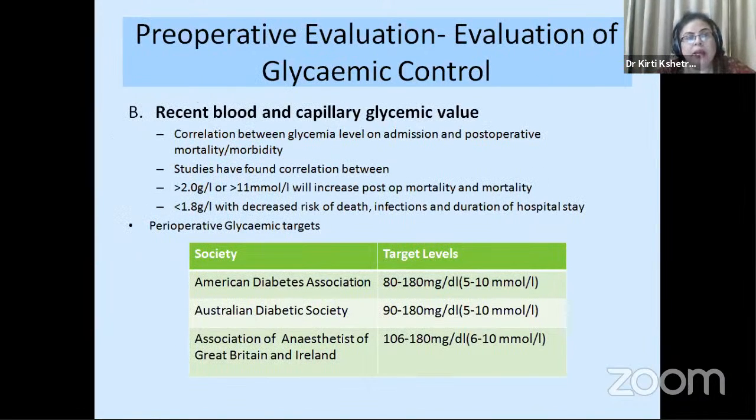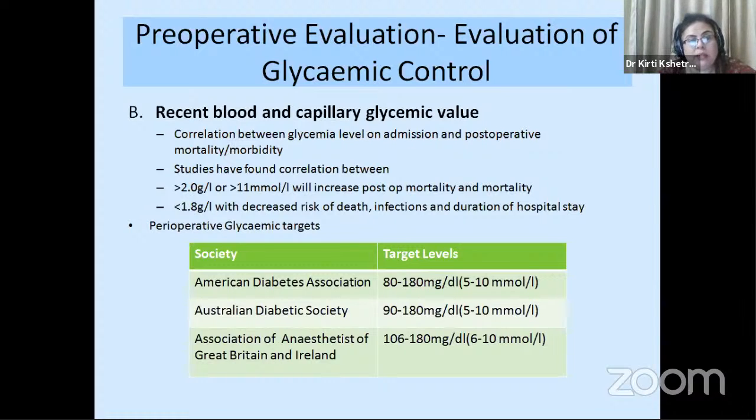Now, second is recent blood and capillary glycemic value. There is strong correlation between the glycemic levels at admission and post-operative morbidity and mortality. Various studies have found that more than 2 grams per liter of blood glucose will increase post-operative mortality and morbidity, while 1.8 gram is associated with less risk.